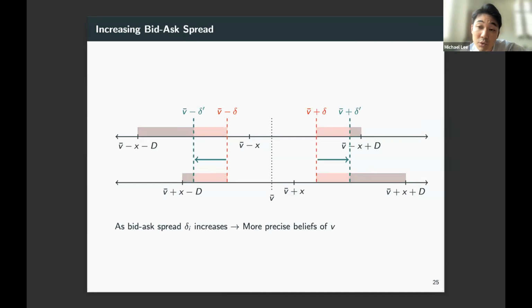So conditional on choosing the same delta, when the long dealer and the short dealer match, the conditional expected value of the asset, given that a long and a short dealer matched, is exactly equal to V bar. You cancel each other's information and both of your expected values are equal to each other. So yes, that gets incorporated into the price, the reservation price conditional on trading as well, which we've covered in the interdealer trading strategy.